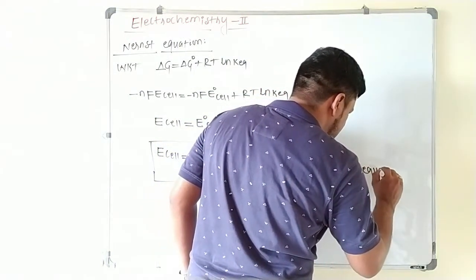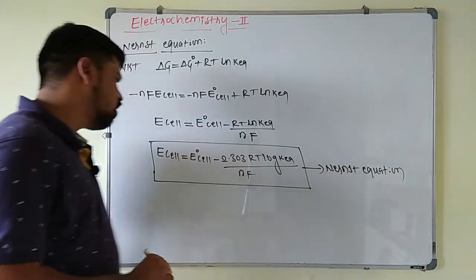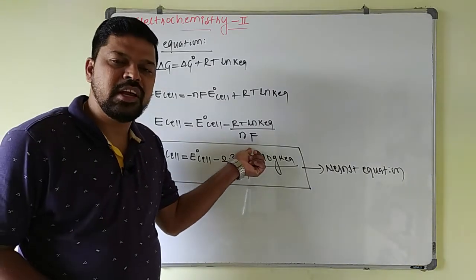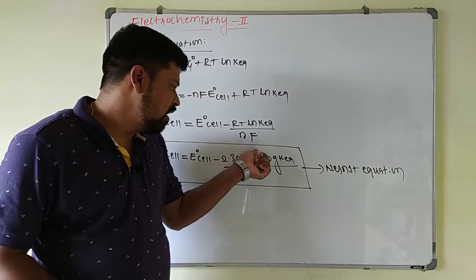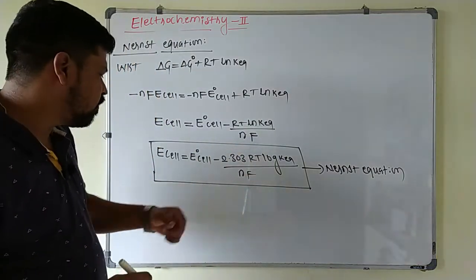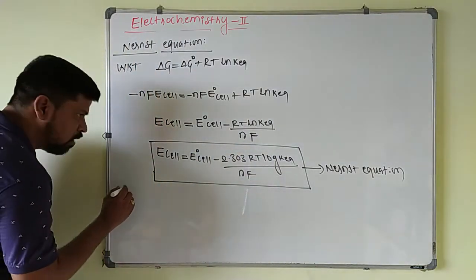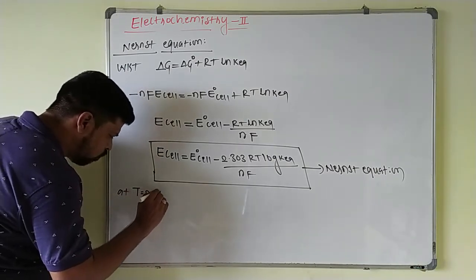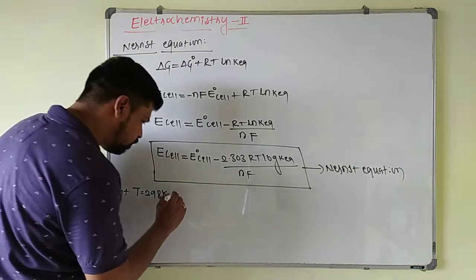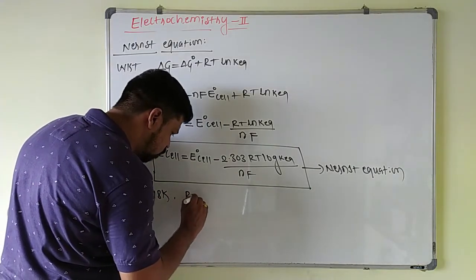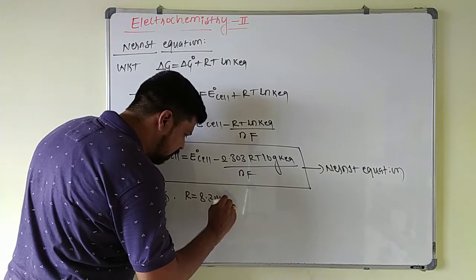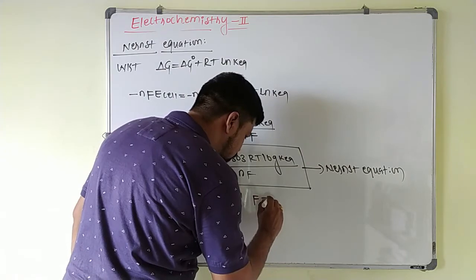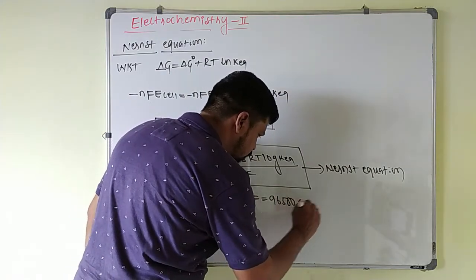Nernst equation. Now if you put the value of Faraday, 1 Faraday is equal to 96,500 coulomb. Here R value is 8.314 joule per Kelvin. Temperature is 298 Kelvin. If you put these values, the equation becomes, where at T is equal to 298 Kelvin, R is equal to 8.314 joule per Kelvin, Faraday is equal to how much? 96,500 coulomb.